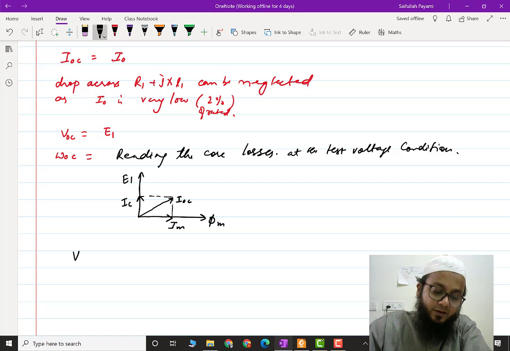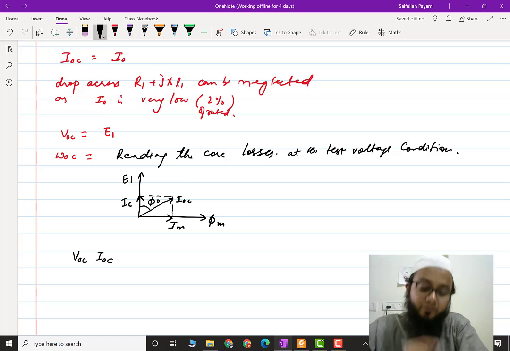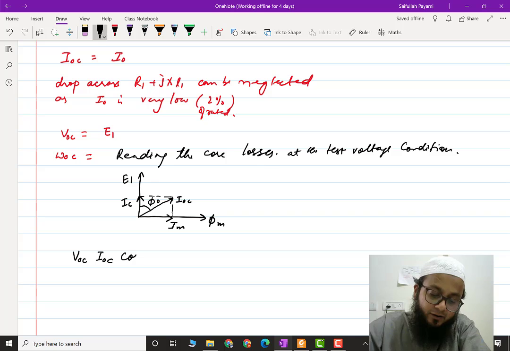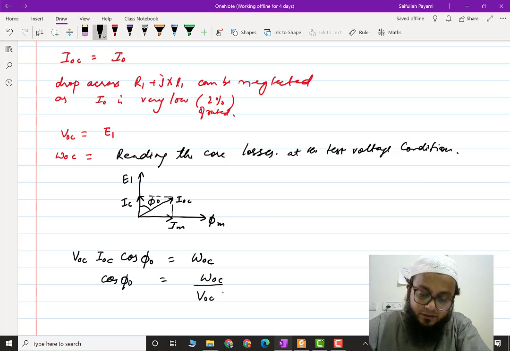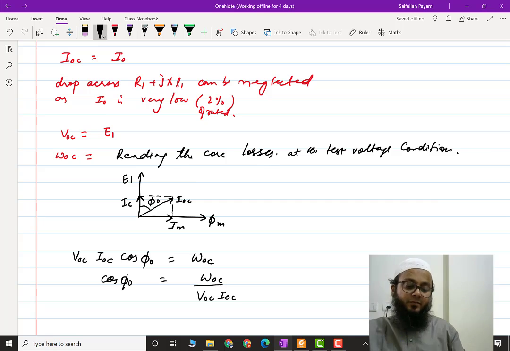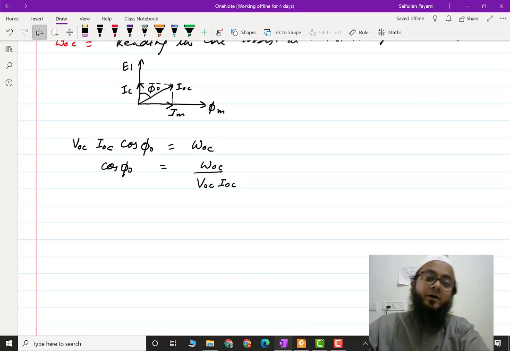So VOC into IOC into cos phi naught will give me WOC, that is the real power consumption there. So we can find cos phi naught here. Cos phi naught would be WOC upon VOC into IOC, right?